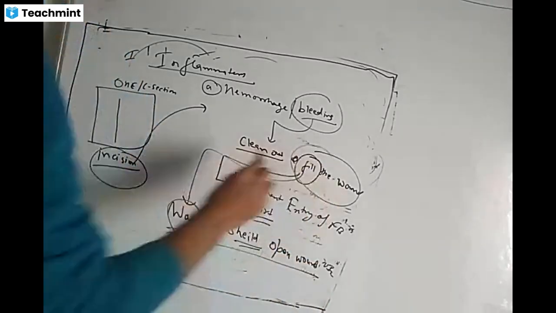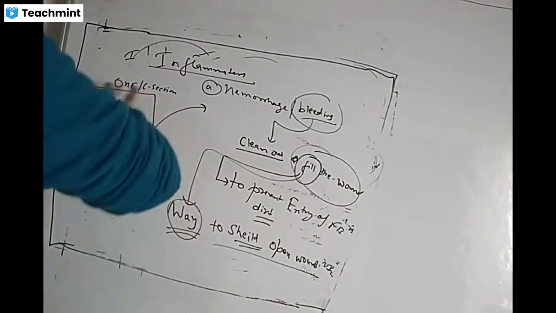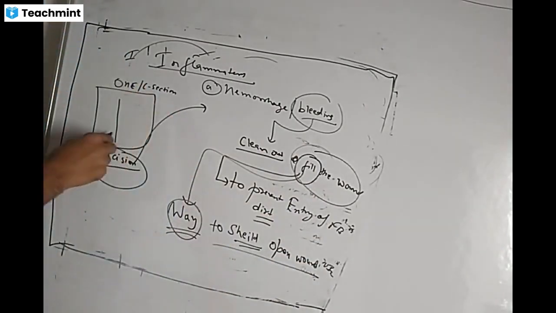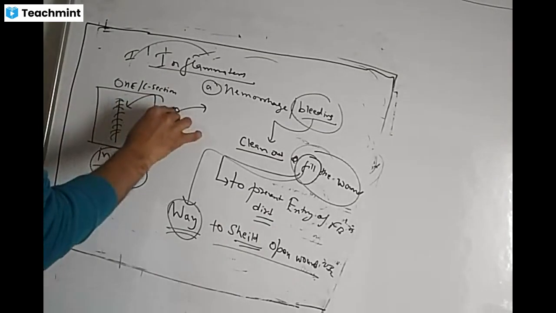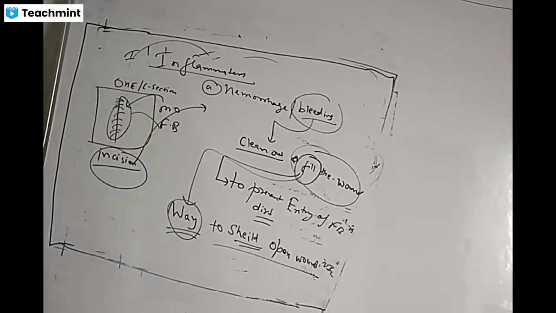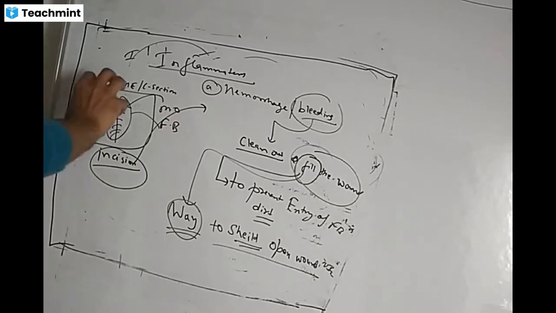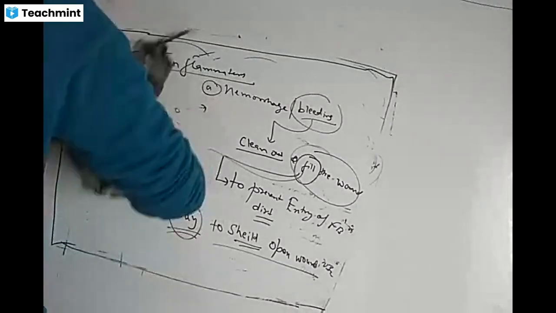This bleeding covers the open wound and shields it, so that from the outside it is all filled with blood. Now it acts as a shield, a covering, so that no microorganism or foreign body will enter, because this is filled with blood. Then what will happen?